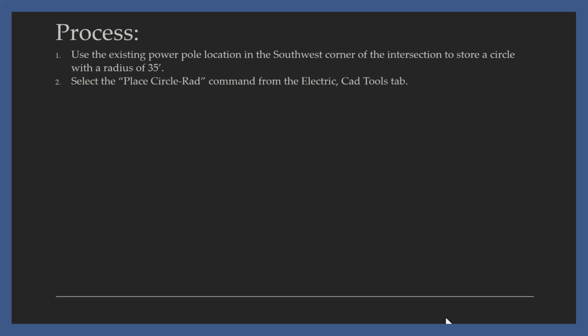Use the existing power pole location in the southwest corner of the intersection to store a circle with a radius of 35 feet. Select the Place Circle Rad command from the Electric CAD Tools tab.